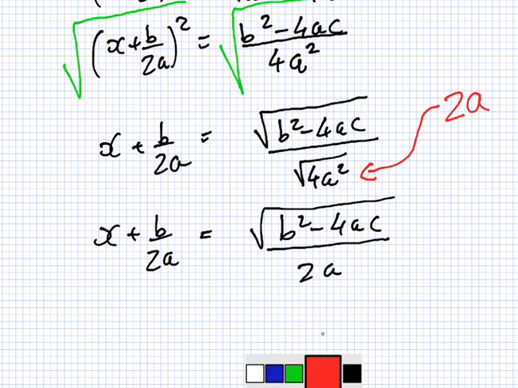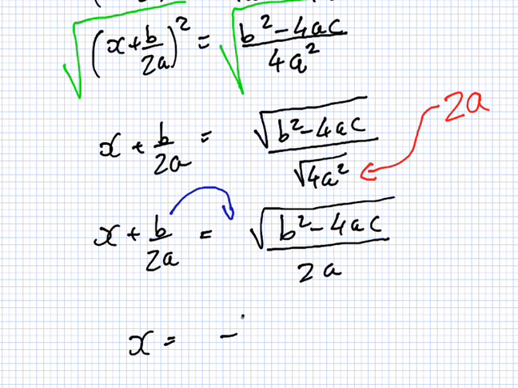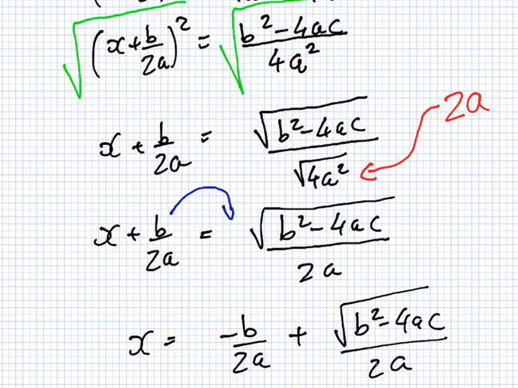Now, KJ, any ideas about what I should do next? Take the b over 2a. Yeah, I take it over here and it becomes a minus. So I get x equals minus b over 2a plus square root of b squared minus 4ac all over 2a. And by the way, I'm being a little bit careless, because after I take a square root, I should really put here plus or minus.